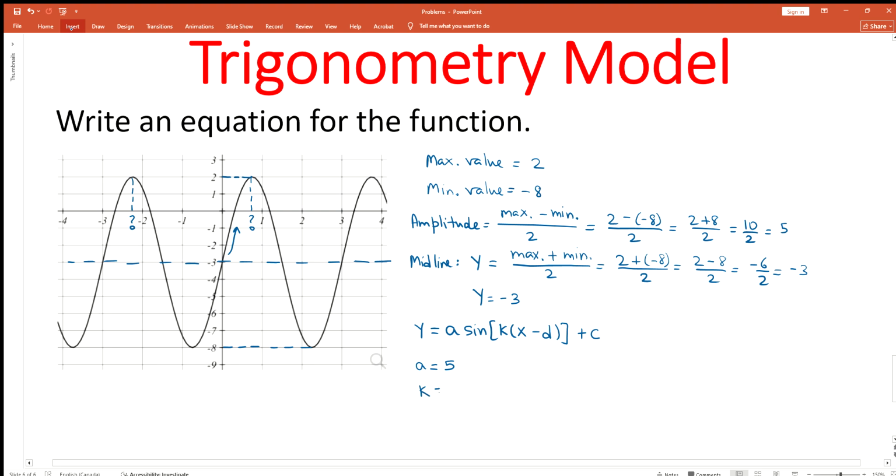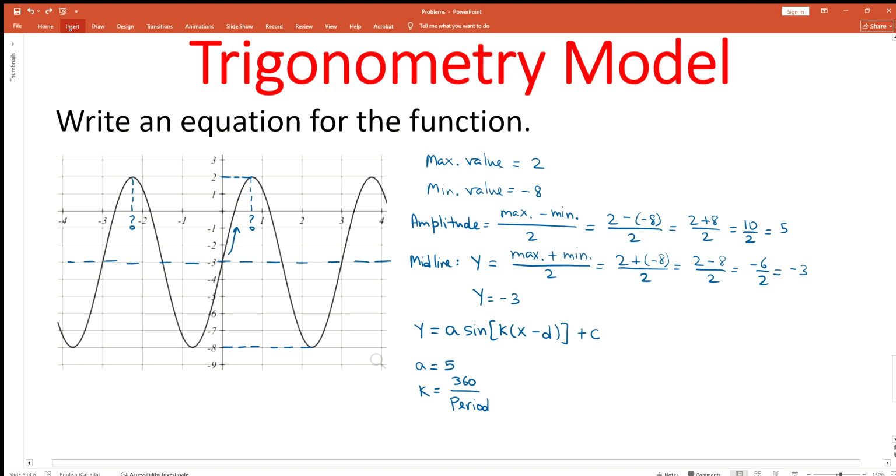We can find the value of k using the formula 360 over period. We use 360 in this formula because the period of the parent sine function is 360 degrees. We can find the period of the function from the given graph.